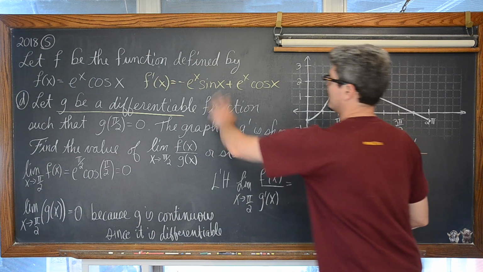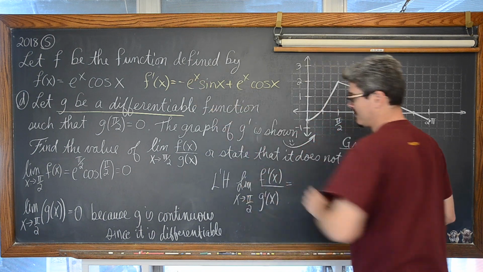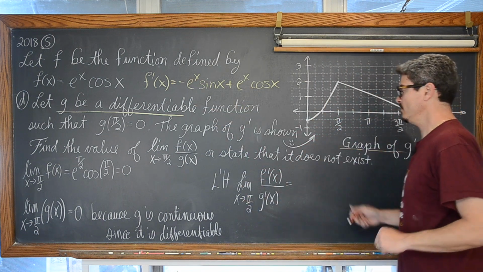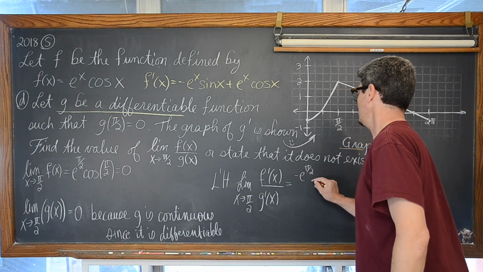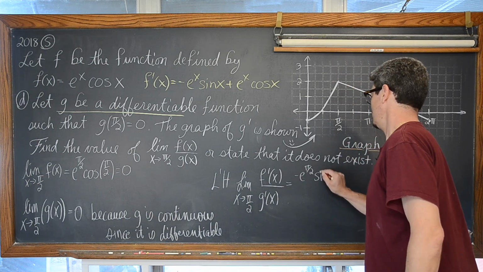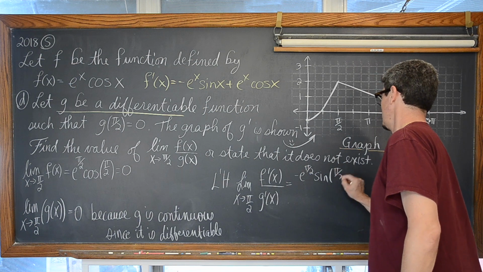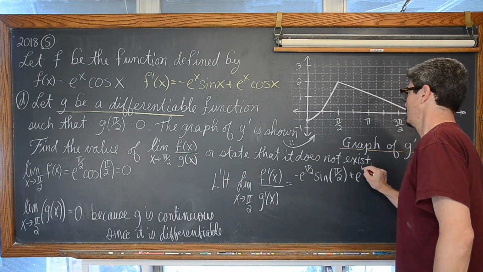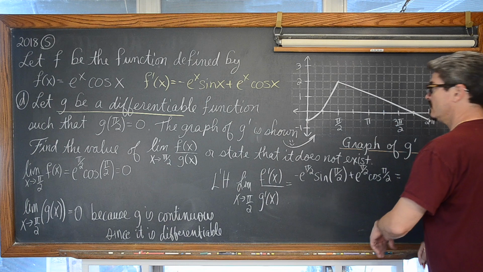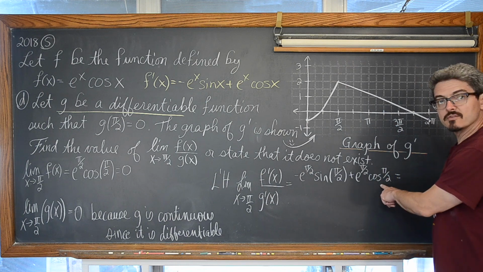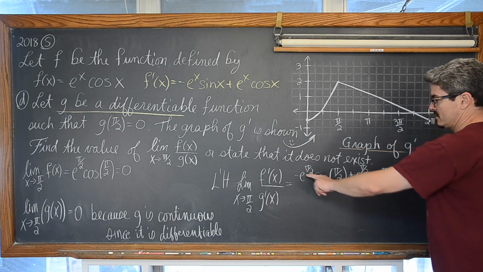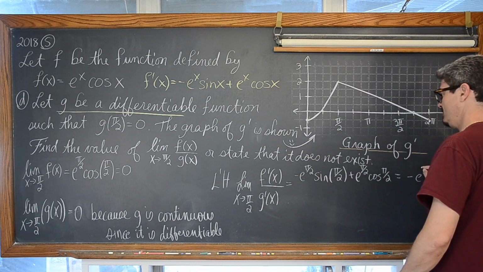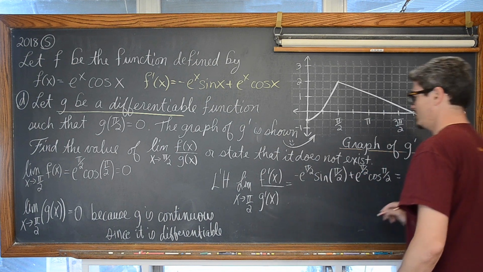Well, f prime of x, evaluating it at pi over 2: the cosine of pi over 2 is 0, so that term is gone. The sine of pi over 2 is 1, so we're looking at negative e to the pi over 2 power.